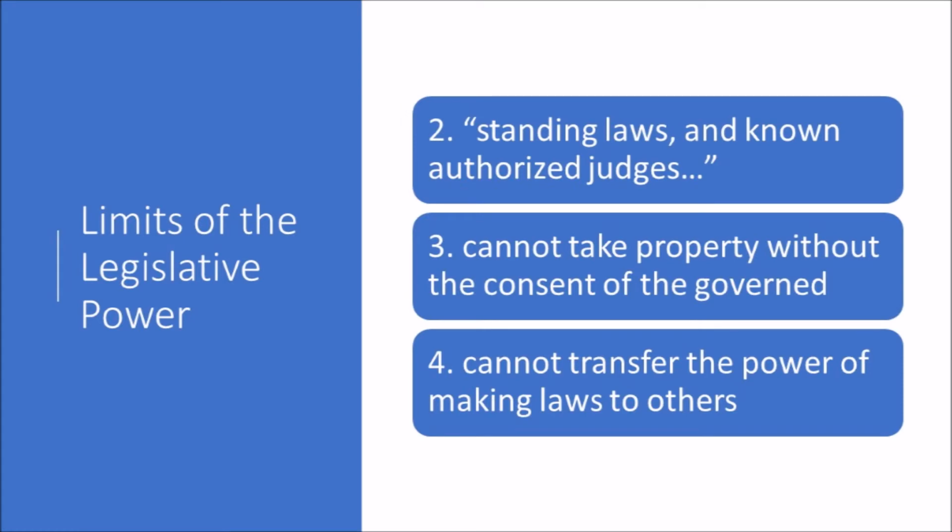The second limit, he says, is these laws that are made by the legislative power also ought to be designed for no other end ultimately but the good of the people. And so for this reason, they need to be standing laws and they need to establish known authorized judges.